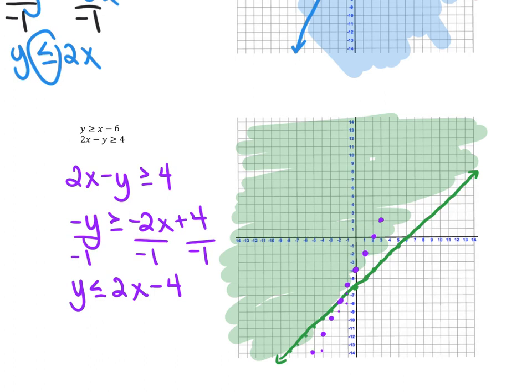And here's the line I'm getting. Again, it's a solid line because it's equal to. And this one says to shade below that line, so I'm going to shade below the y-intercept, which is down here.